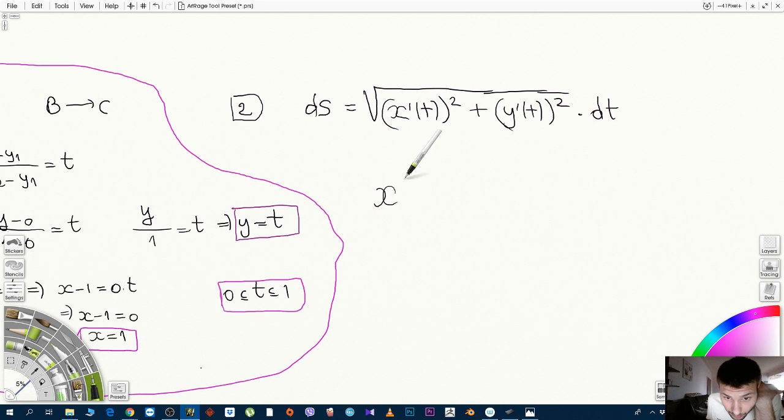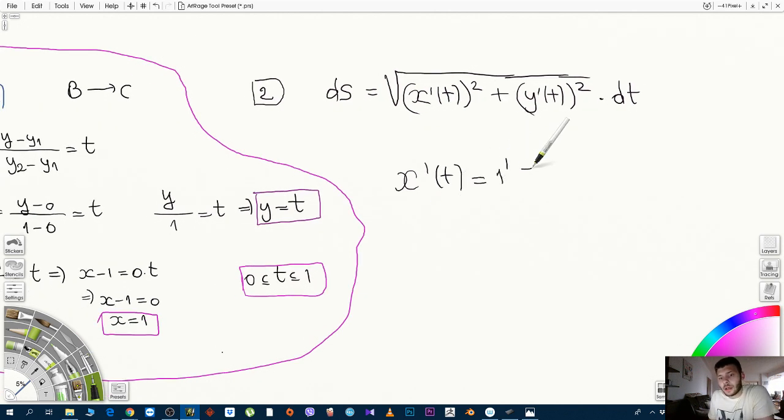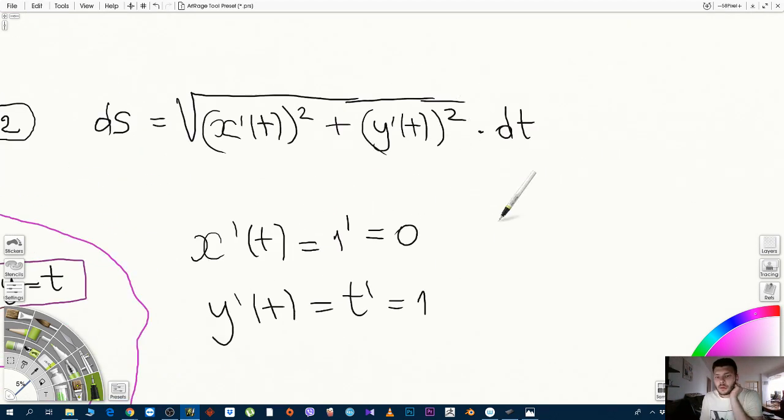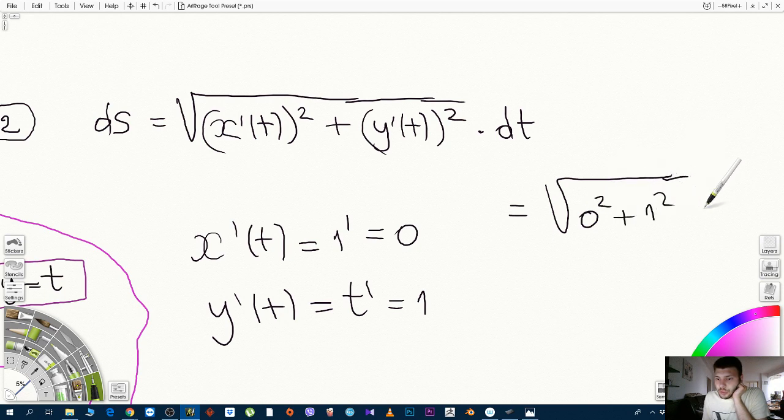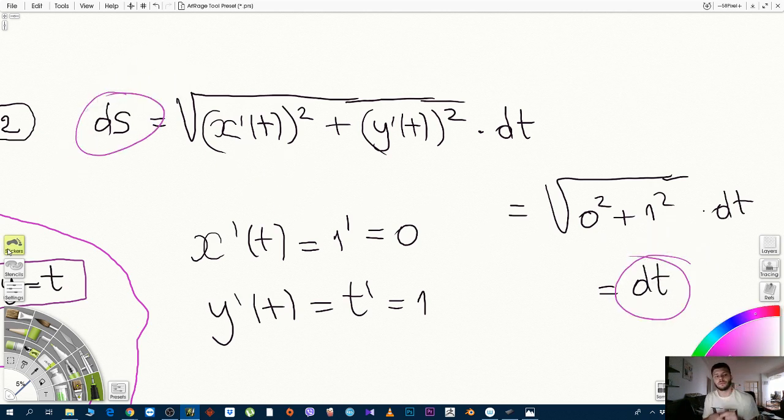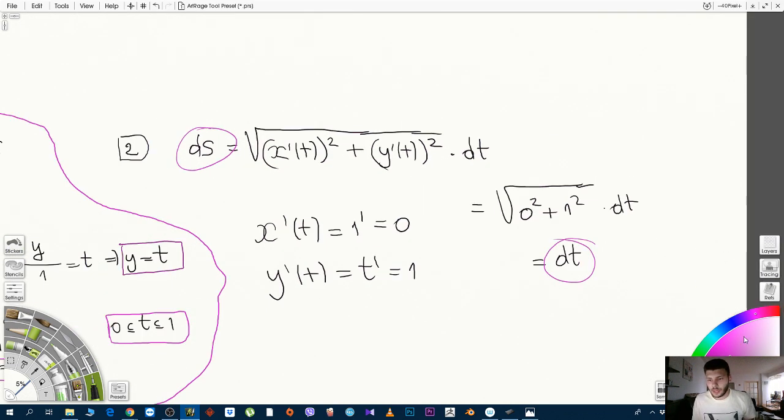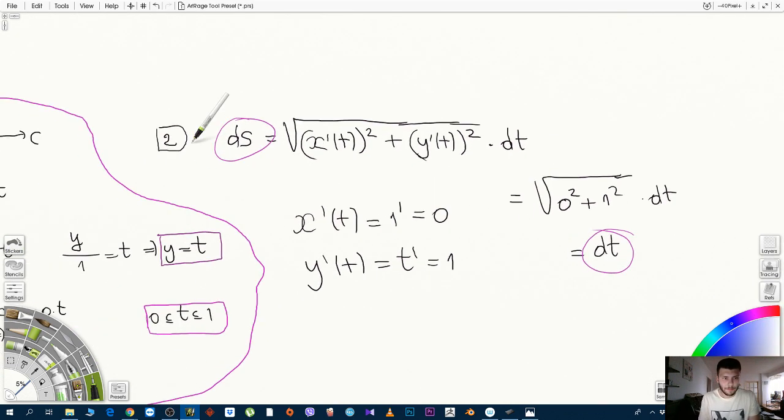Derivative of x is equal to derivative of 1, and that is 0. Derivative of y is equal to derivative of t, and that is equal to 1. So we have square root of 0 squared plus 1 squared times dt, which is equal to dt. So ds is equal to dt. That was the second step.